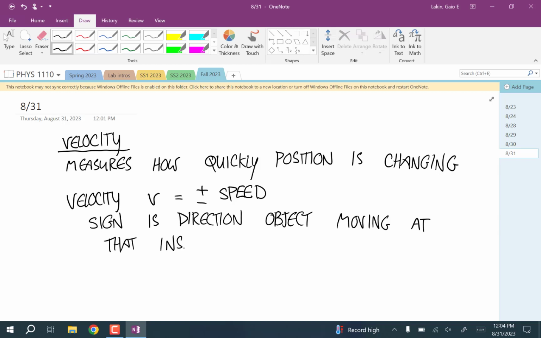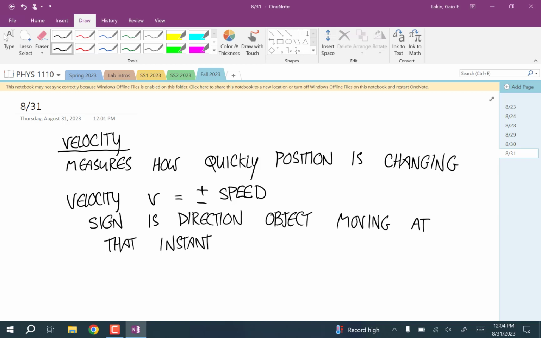Okay, so speed, you know, from your speedometer, from using cars, speed doesn't have a sign. It's always positive. If you drive to northern Minnesota and then drive back, it says you're going 65 miles an hour on your way heading north. And then on your way back, it still says positive 65 miles an hour.